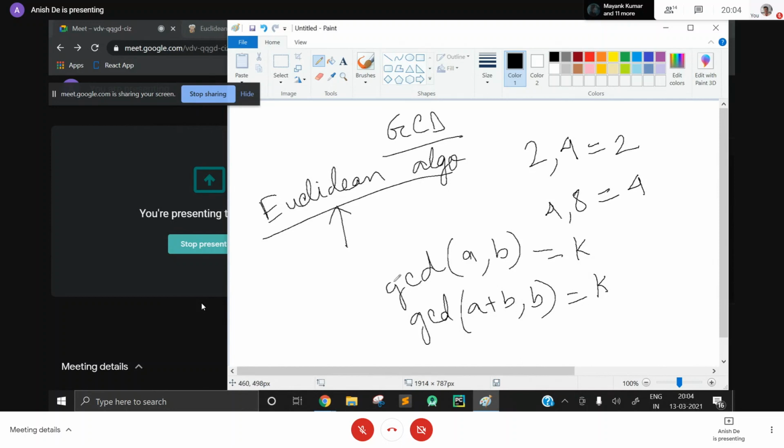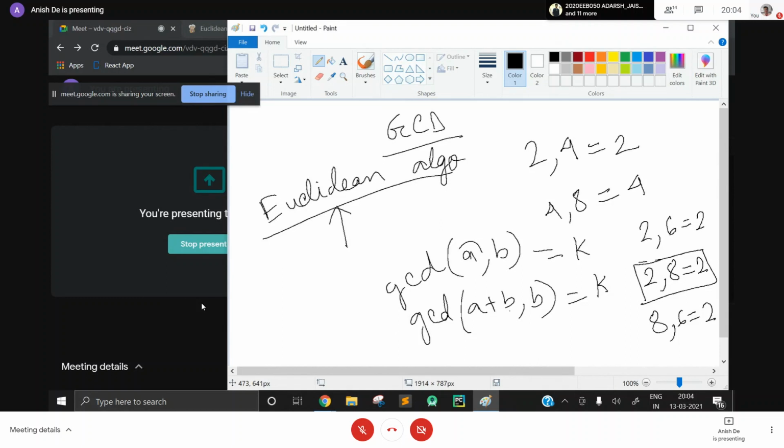For example, if the GCD of 2 and 6 is 2, then the GCD of 2 and 8 will also be 2, isn't it? And also the GCD of 8 and 6 will also be 2.